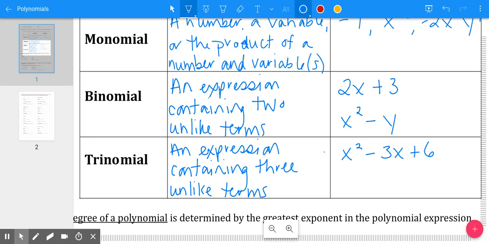So the first term is x squared, the second term is -3x, and the third term is 6. And then another example might be 4 plus 2x minus 3x cubed. So each term is different because they don't all have an x, they don't all have an x to the first power and x cubed. So that would be our first examples of monomial, binomial, and trinomial, which again are all polynomials.